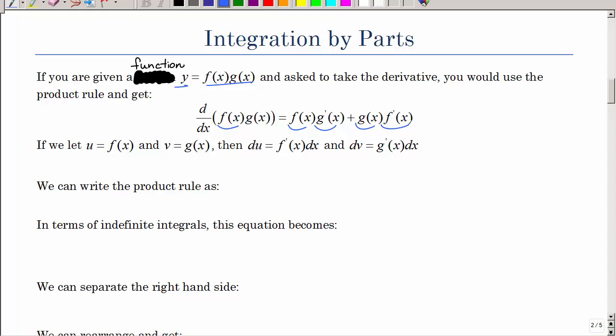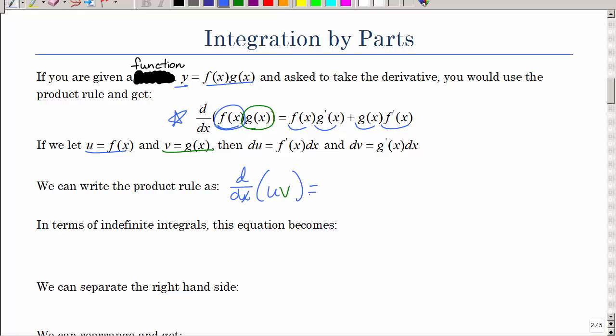Many of you learned it in terms of f and g, others learned it in terms of u's and v's. We're going to take a minute and rewrite this product rule in terms of the variables u and v. So we have the derivative with respect to x of f of x, and I'm going to call that u, times g of x, and I'm going to call that v.